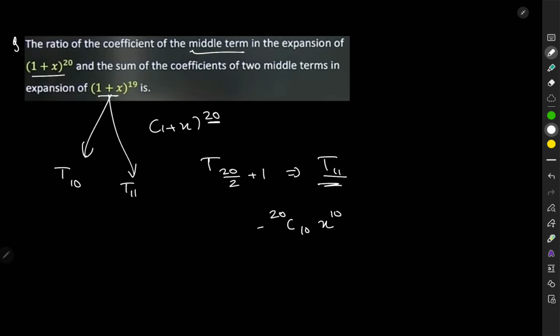And what will be the middle terms of the other? They will be 19c9 x to the power 10 y to the power 9, and similarly 19c10 x to the power 9 y to the power 10.